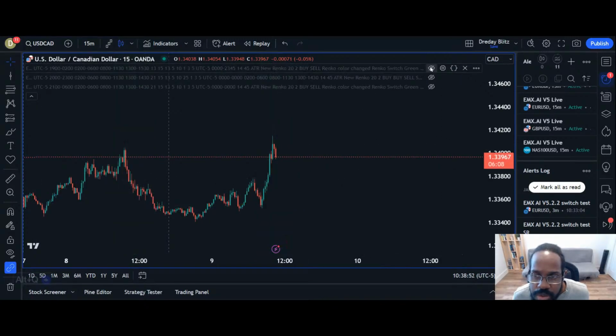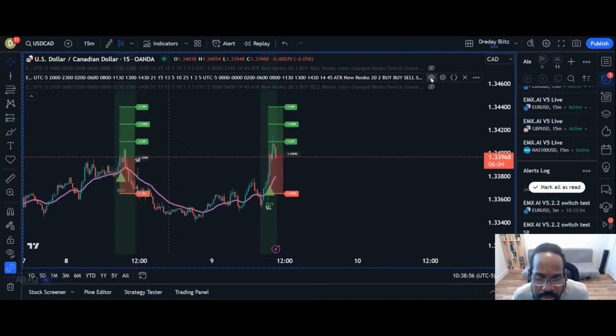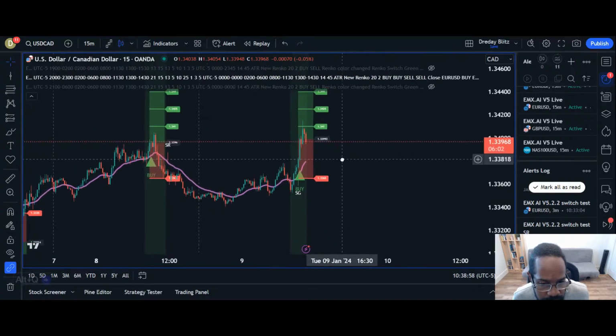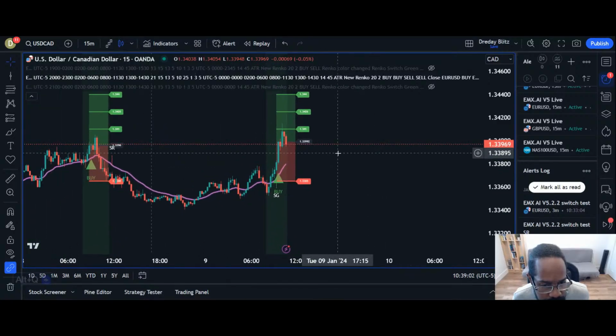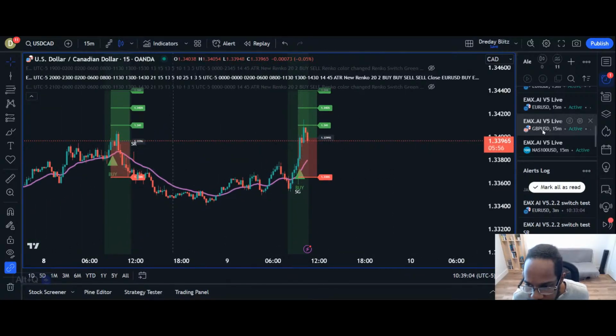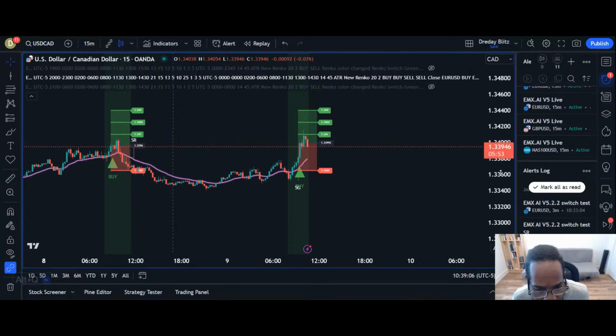So now on the new version, you're going to see a big difference here. As you can see, you have a buy setup. But you should see right here, you see an SG. SG is saying that it's switching to green.